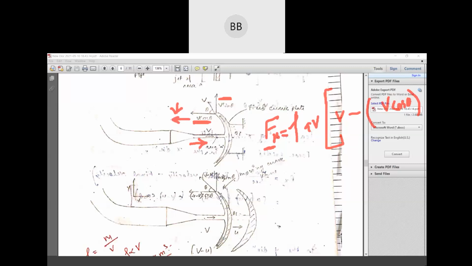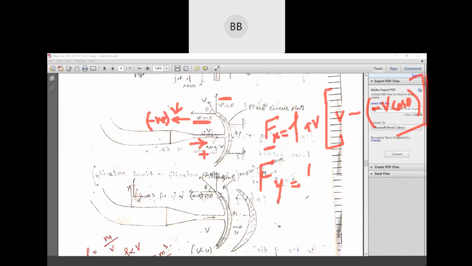If you consider this direction is positive, then we consider this negative. In the x direction, if this direction is positive, the reverse one will be negative, that is why we consider one negative here, minus V cos θ. So this will be your F_x.